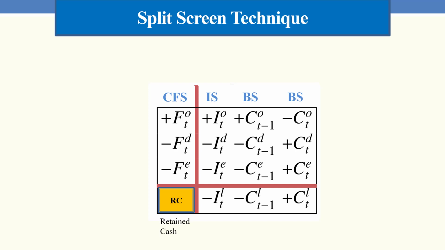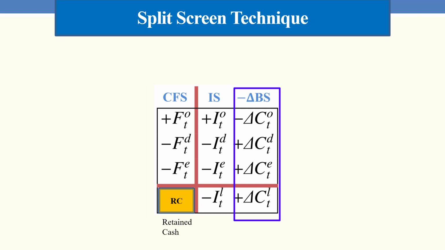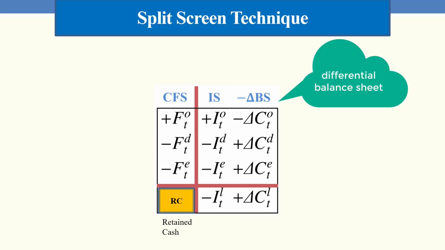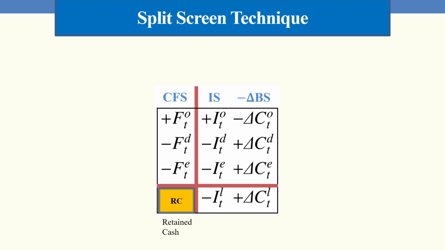Now let's consolidate the last two columns just to highlight the change in book value. From this to this. We have just consolidated and indicated with the delta symbol the change in the capital amounts. Here is a more compact form.